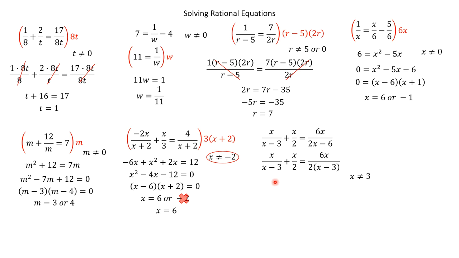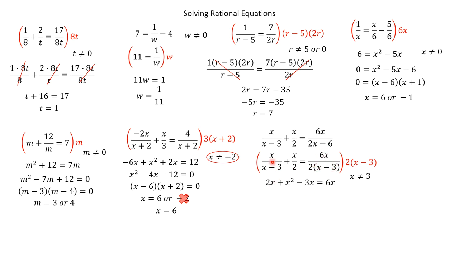In our common denominator, we need x minus 3, and we need a 2, and this one's already x minus 3 and 2, so just 2 times x minus 3. When we distribute, here, the x minus 3 will cancel, leaving us with 2 times x. Here, the 2 will cancel, leaving us with x times x minus 3, which would be x squared minus 3x. And here they'll both cancel, so we just have the 6x left over.